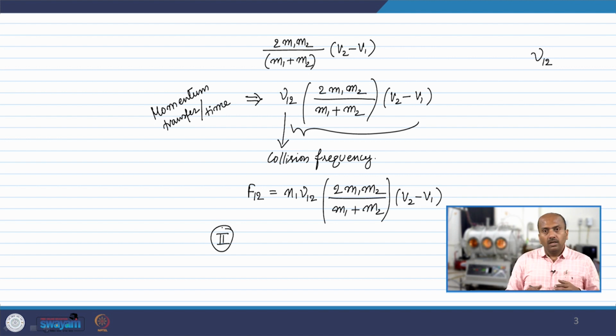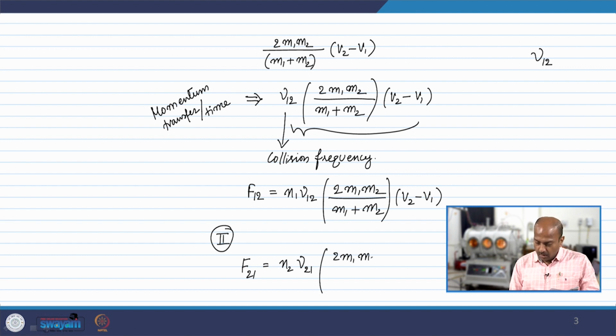So, there should be a force resulting from the momentum transfer from species 2 to species 1, which we are going to call F21. It is n2, the number of particles in class 2 per unit volume, multiplied by the collisional frequency nu 2 1, obviously, species 2 colliding with species 1, and this factor would of course remain the same, 2 m1 m2 divided by m1 plus m2 times v1 minus v2.